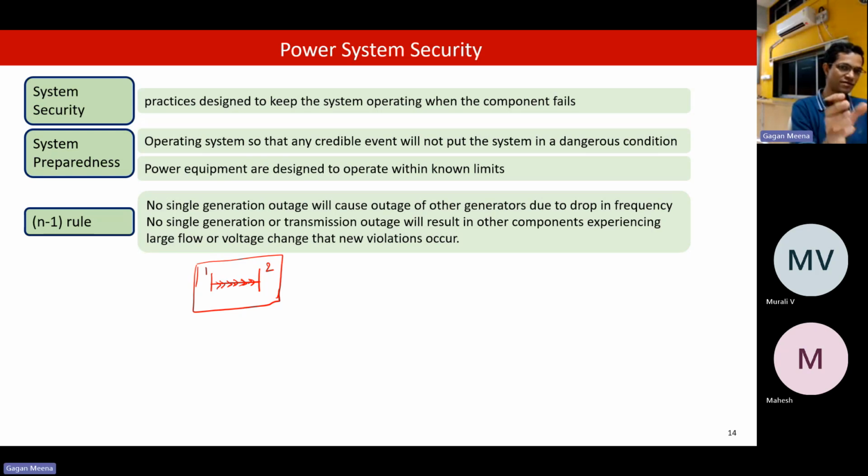Even so, overloading will happen only for a very short duration. They are designed for that. For a shorter duration, they can carry a large amount, like 1.5 or 1.8 times their actual rating, but only for a short duration.